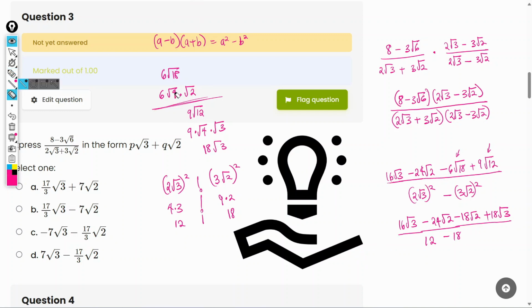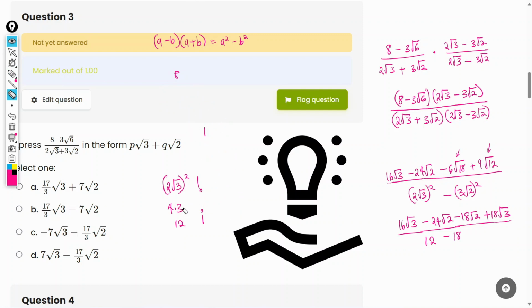Let me clear out this part quickly. Okay, good. So simplifying the top, we have 16 root 3 plus 18 root 3, which should be 34, right?